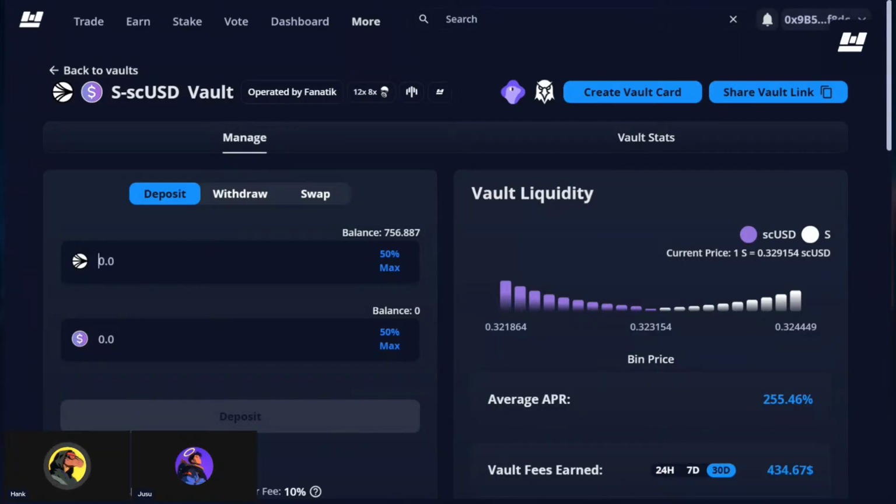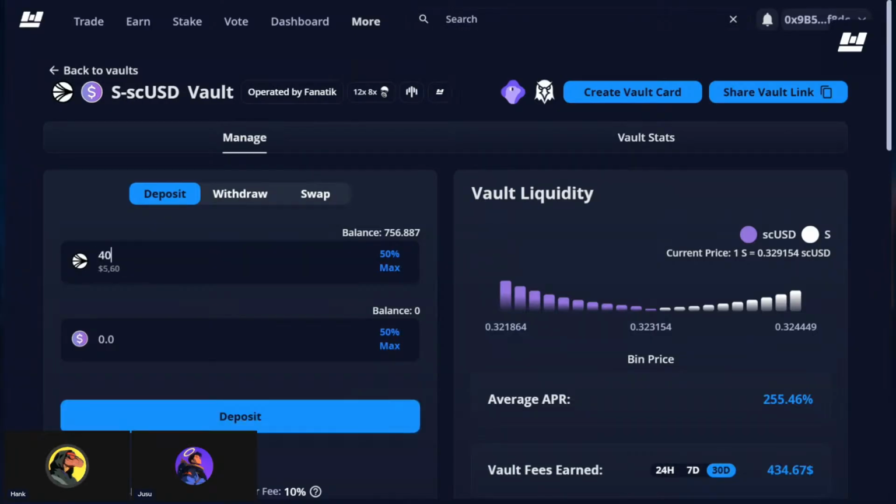And this is really what we want to create: an environment where the best vaults accumulate the most liquidity, and where the best vaults can really showcase their performance. I think this is really, really nice.